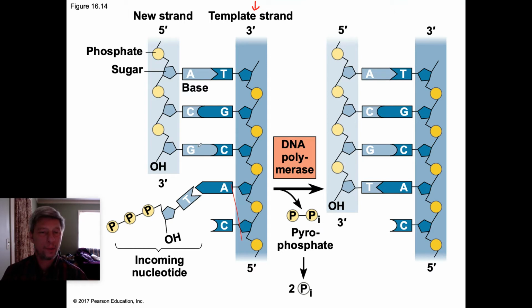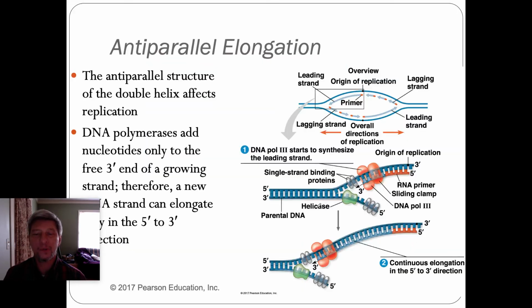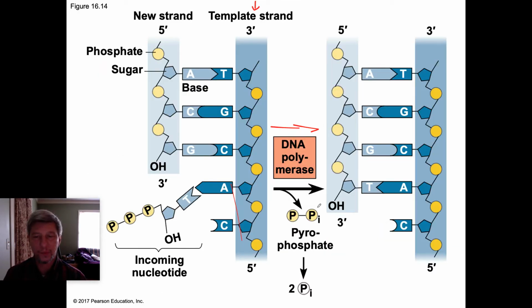The last one added was guanine, and the one before that was cytosine, and so on. The DNA polymerase then does its job. It removes two phosphate groups from the end of the dATP and essentially adds the thymine to the adenine that's already on the template strand.